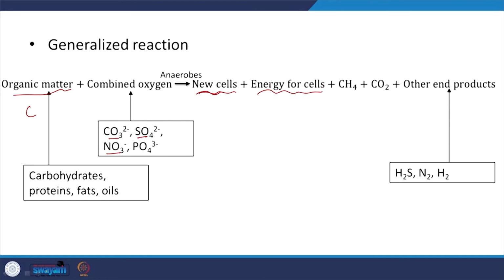One is reproduction, one is the energy for the cells to function, and in that process you are going to have CH4, CO2 and some other end products like H2S, N2 and H2. Why H2S? Obviously, if sulfate is there and anaerobic conditions prevail, sulfate can act as an electron acceptor, it is going to be reduced, and you are going to have formation of hydrogen sulfide. As I mentioned, this hydrogen sulfide can be toxic to the methanogens and affect the whole system. So, this is one aspect to understand.